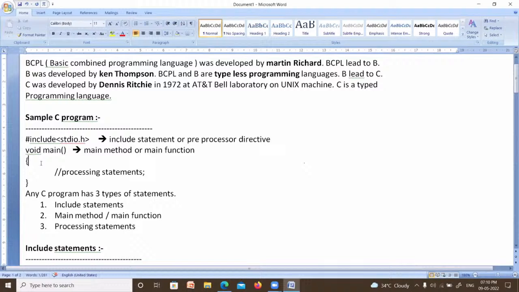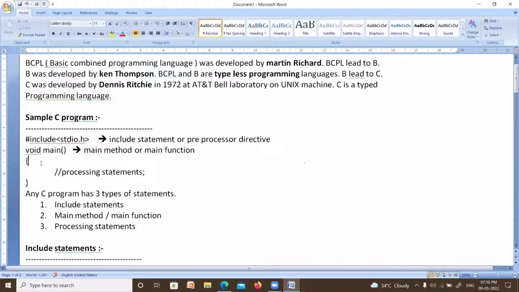It is used to indicate the beginning of a function or block. Block means a group of statements. Block or user defined reference. User defined reference means if, switch, while, for. You can go through all these concepts in future, right? So it is used to indicate the beginning of a function, a block, or a user defined reference.